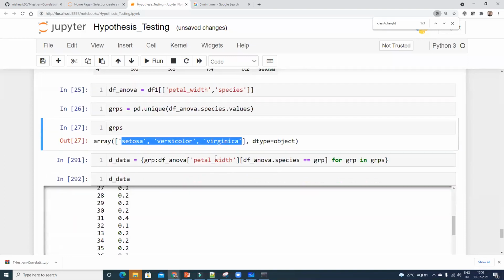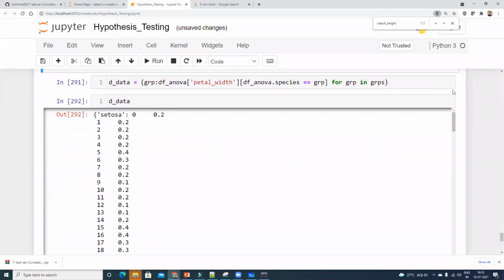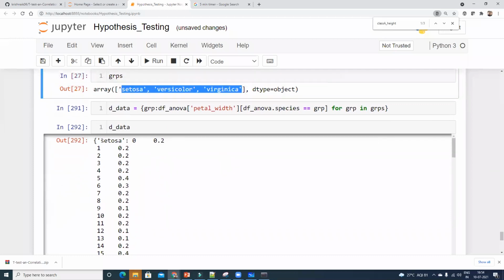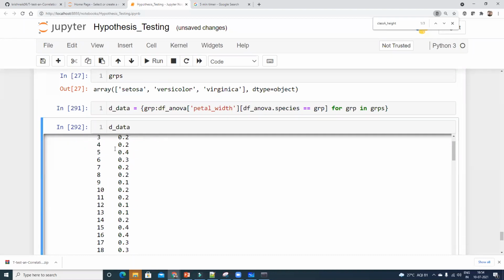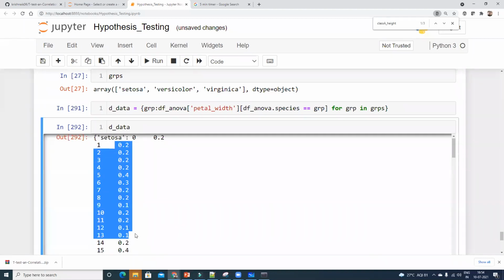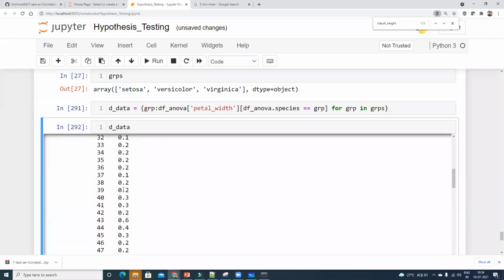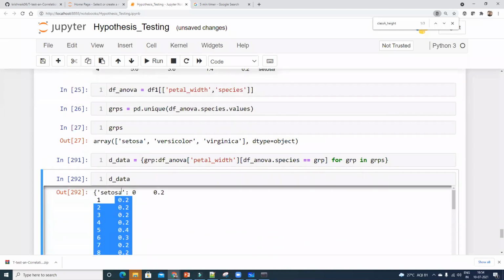So what can we do after this? See, if you go and see over here, this is what I want to get. With respect to Setosa, these are my petal widths. See, these all are my petal widths with respect to the Setosa flower.